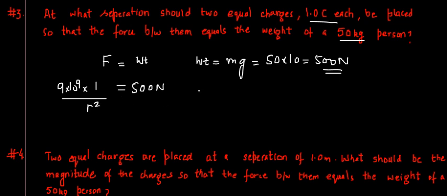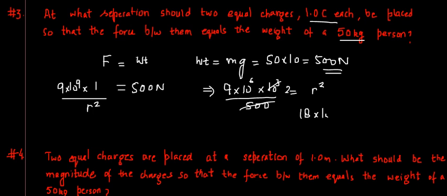So this implies 9 into 10 to the power of 9 into 1000 is equal to r square upstairs, and we bring 500 downstairs. This is 500 twos, 9 twos is 18, so 18 into 10 to the power of 6 is r square.